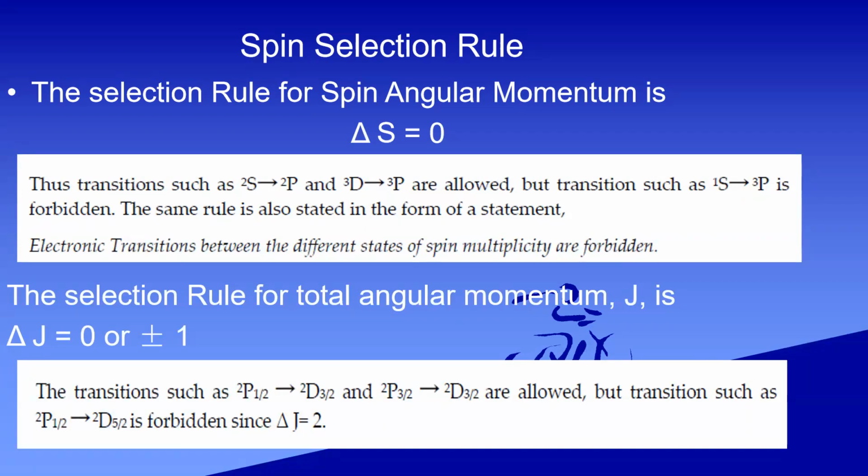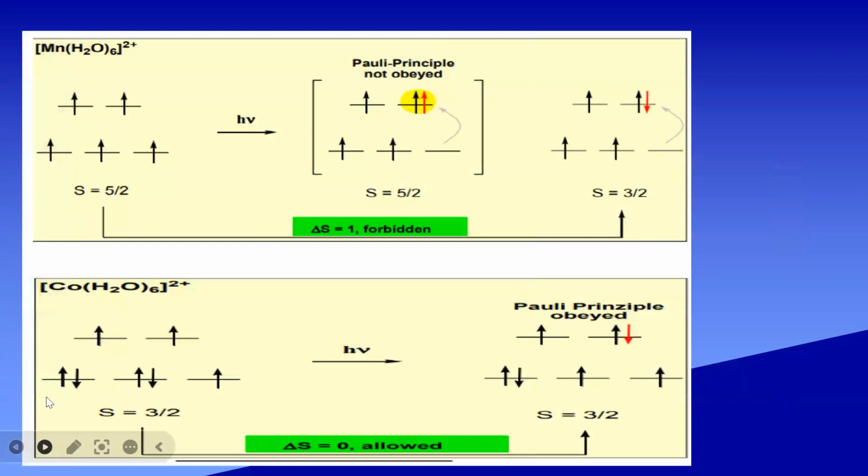The same selection rule is also stated as: electronic transitions between different states of spin multiplicity are forbidden. Let us see the examples.